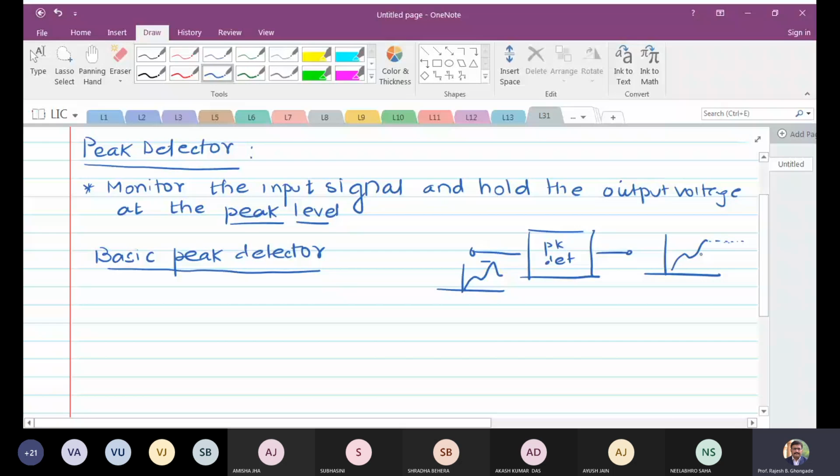Okay, if you look at the basic peak detector, it is a very simple thing, and we will very soon realize that it resembles something which we have already done before. What does this resemble?